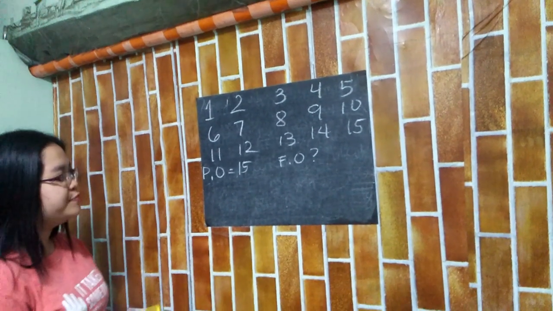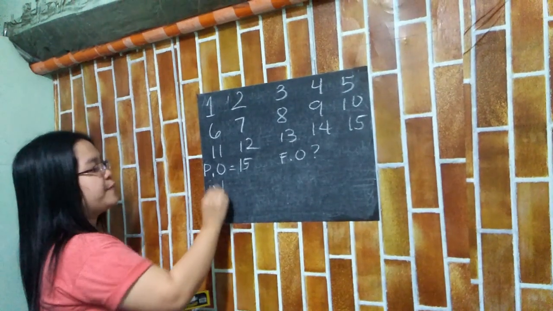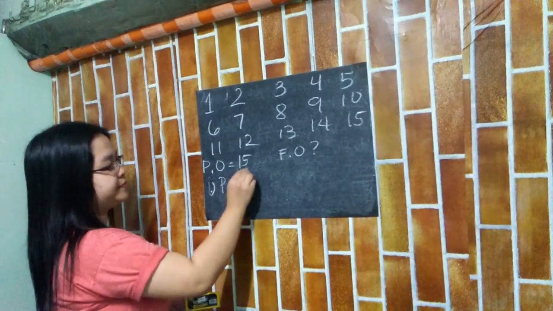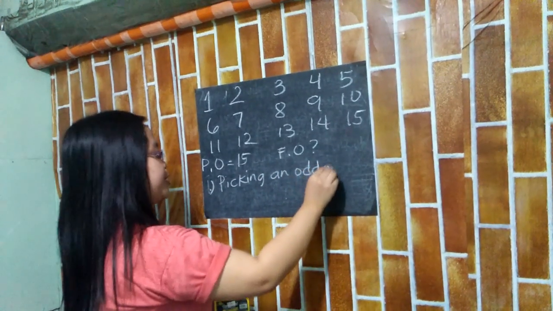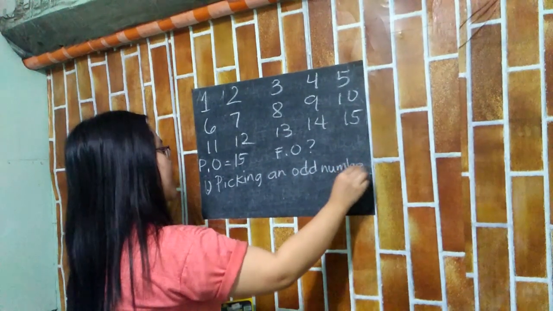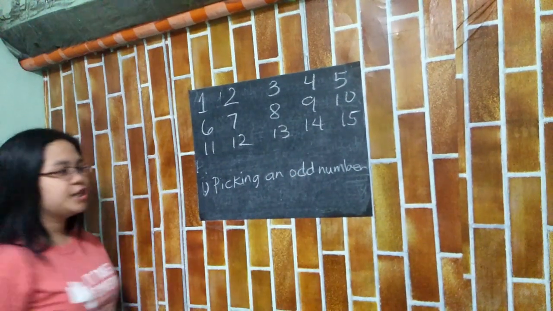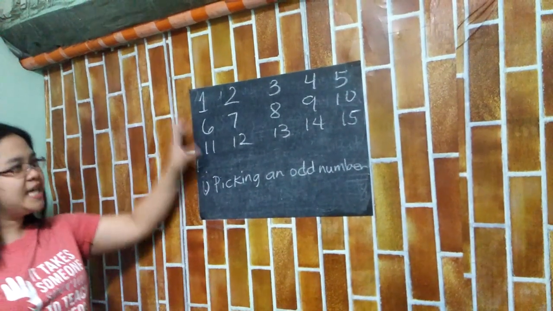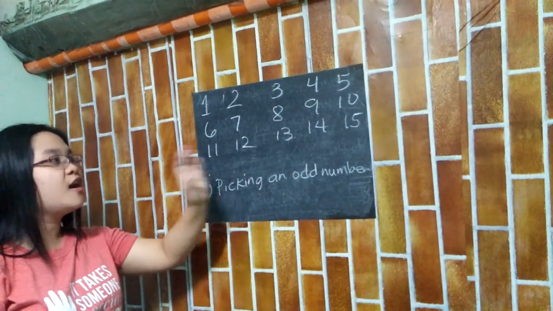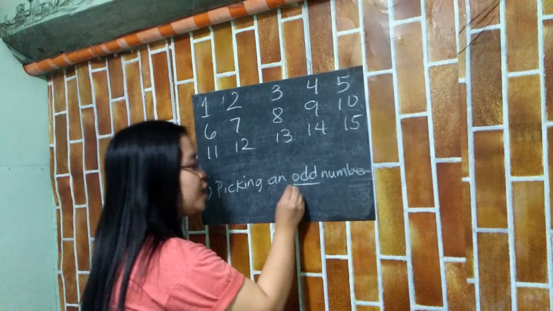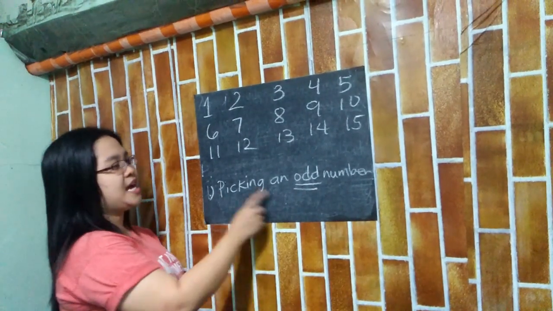Okay? So now, let's have the first event here: picking an odd number. Okay, what's our first event? Picking an odd number. So on our given number cards from 1 to 15, what are the odd numbers? Because as you can see, our event says picking an odd number.